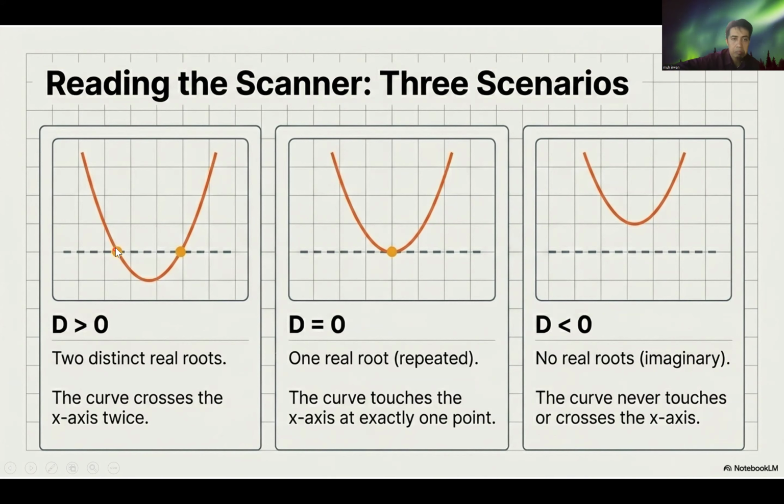Where the roots cross the x-axis. The second is D equals 0. If D equals 0, we get the same root, or we say that one real root is repeated.